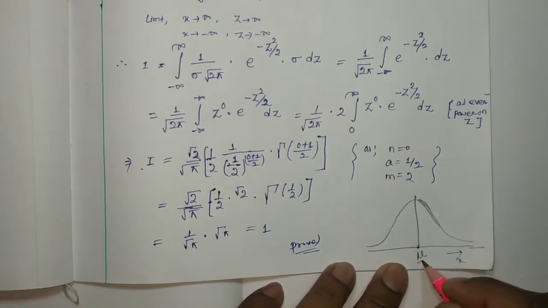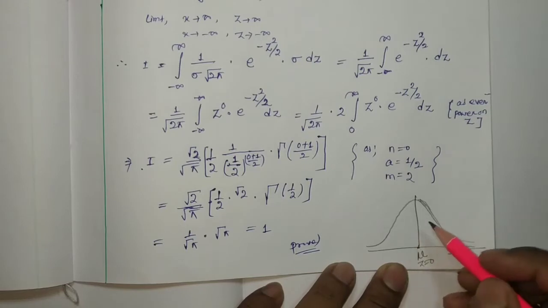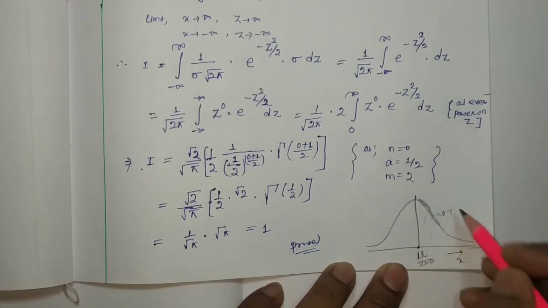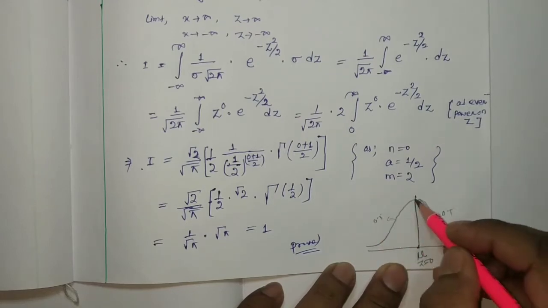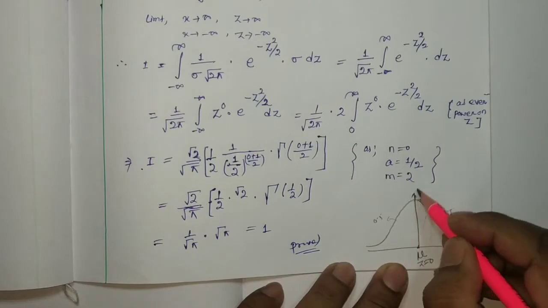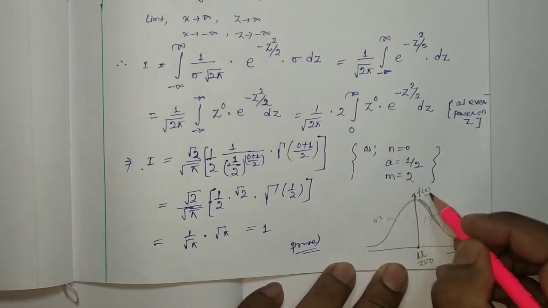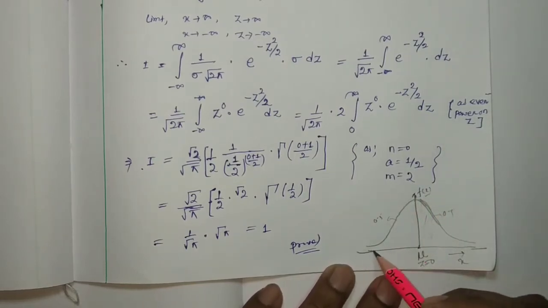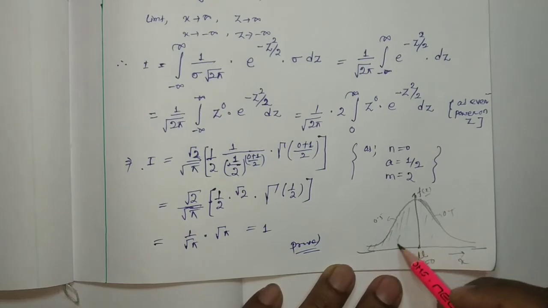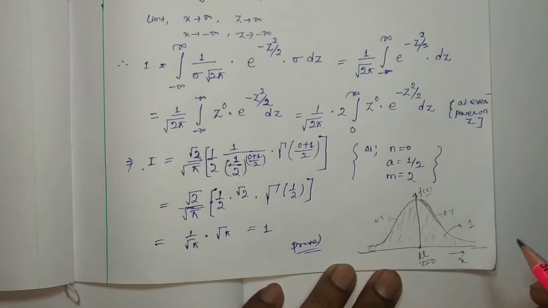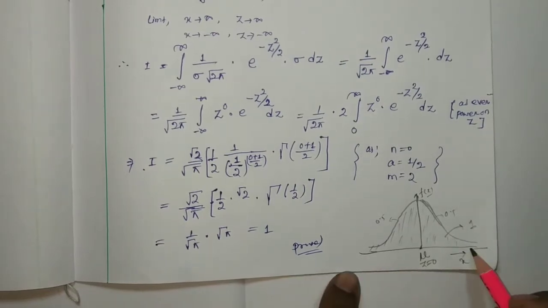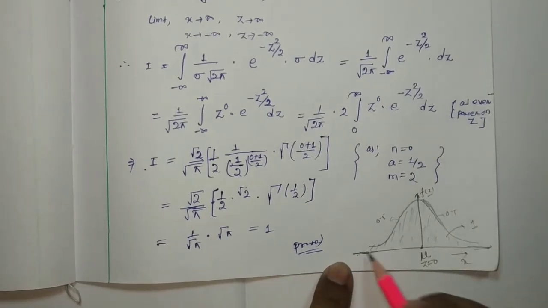If this is mu, then z will be 0, that we know. This part is 0.5 and this part is 0.5, symmetric about the mean. Along this axis we consider the pdf, and the total area under this curve will be equal to 1.